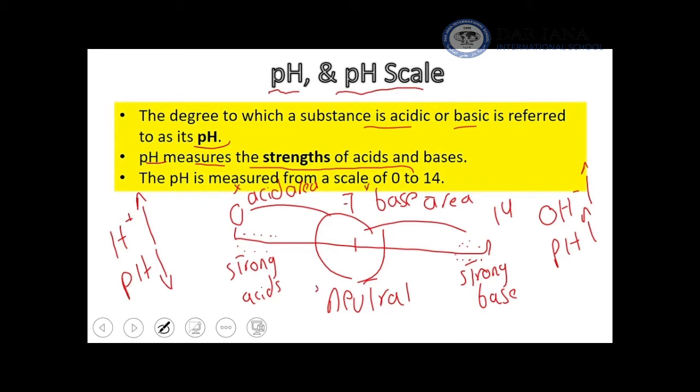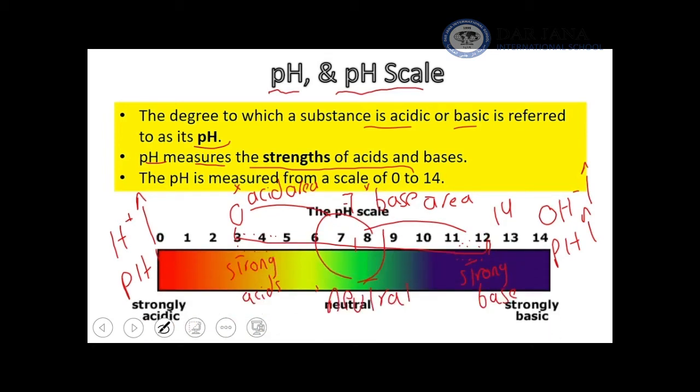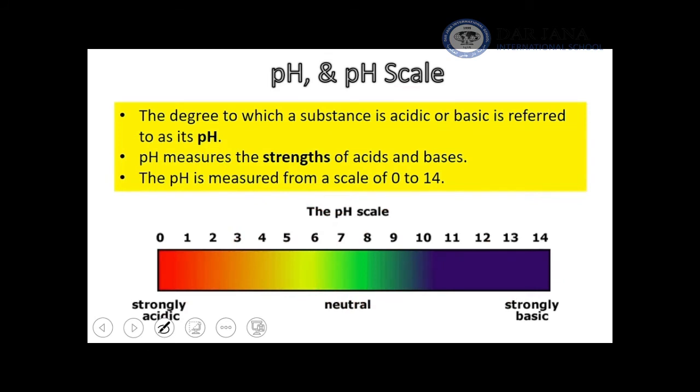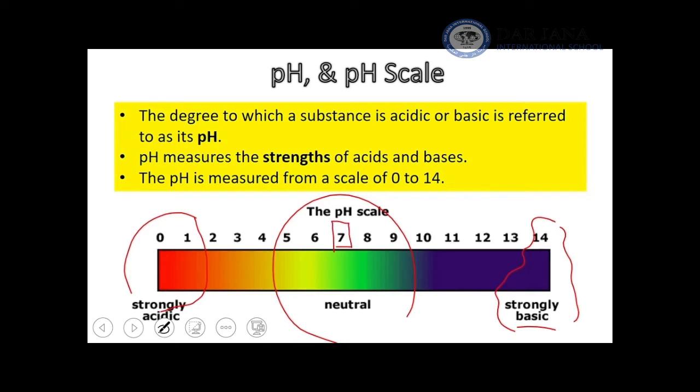Okay, so here's another scale. At this area here, strong red color, we have strong acids, dark purple, strong bases, and between them we have the neutral substances. So the midpoint is 7. We can divide 14 by 2, so we get 7.